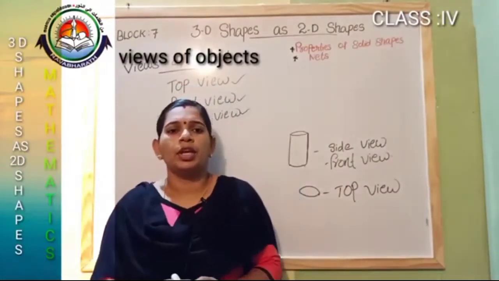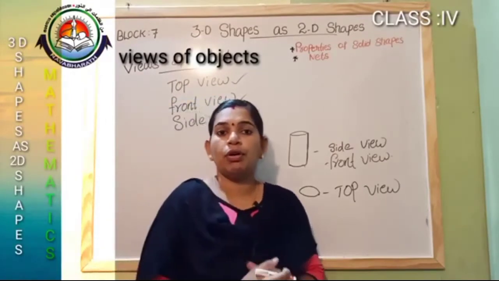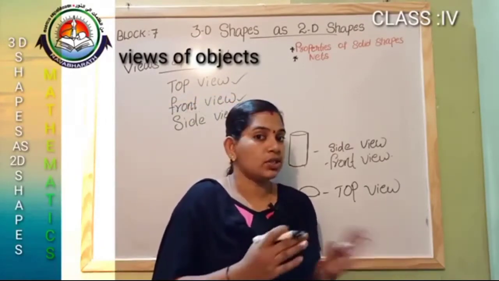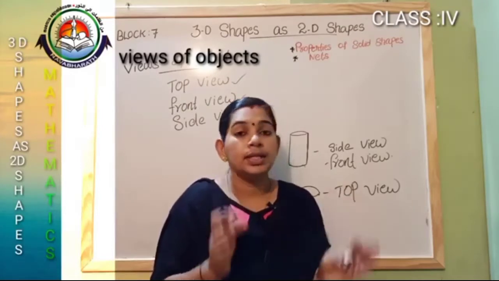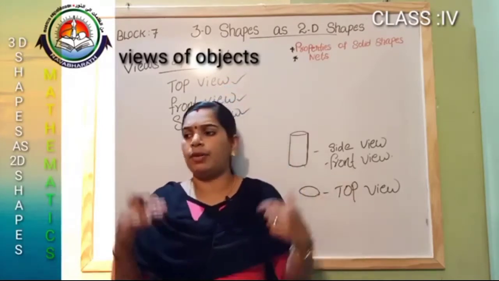Okay. You want to draw. This is extra work. You want to draw five things from your surroundings.